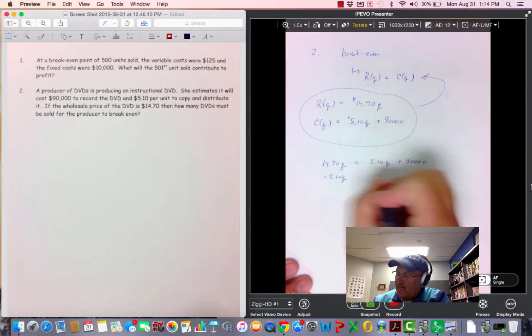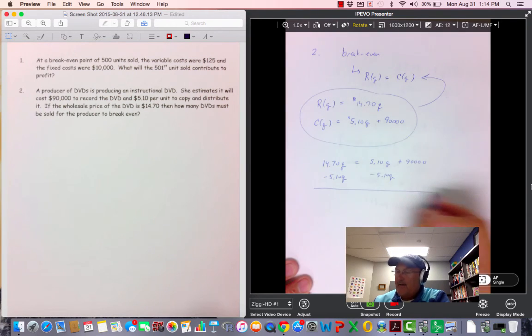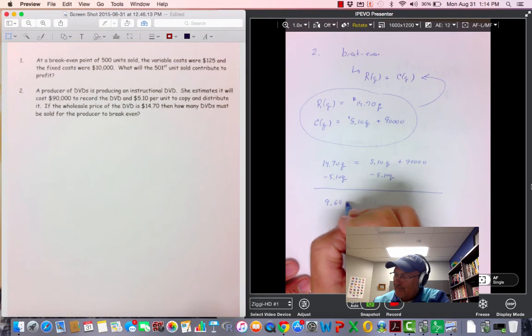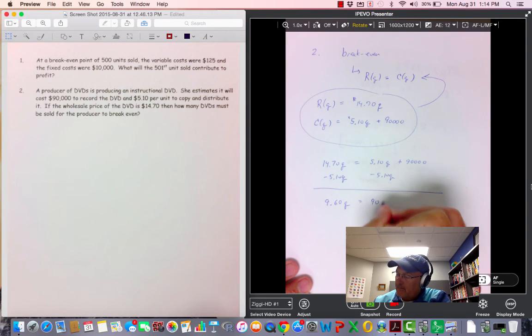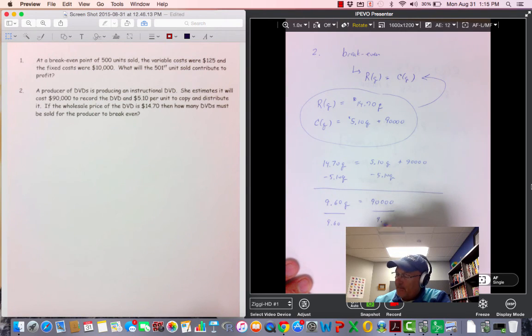Subtract 5.10Q from both sides. On the left side, we get what? 9.60Q, right? Yeah, equals 90,000. Okay, let's divide both sides by 9.60.